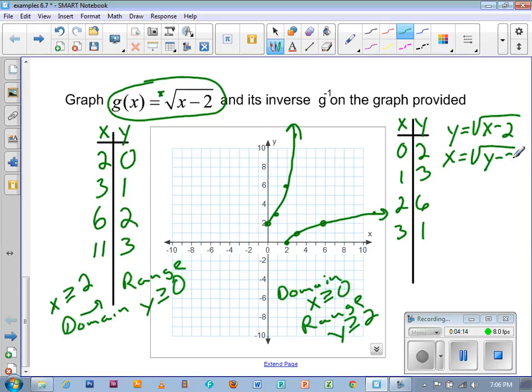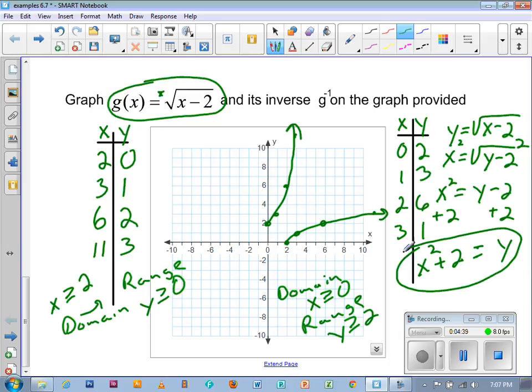Then we need to get at that y, so we're going to square both sides. So x squared is equal to y minus 2. That negates the square root. And then the last step is to add 2 to both sides. So y is equal to x squared plus 2. And that becomes the equation of your inverse.